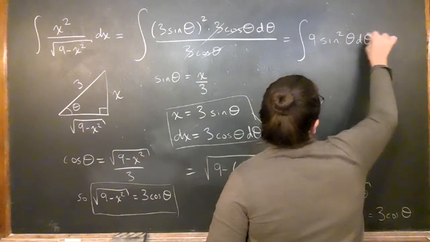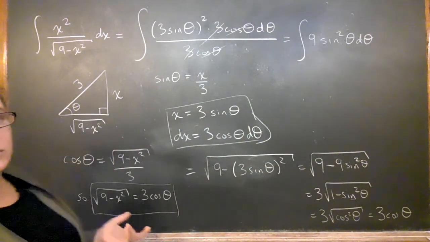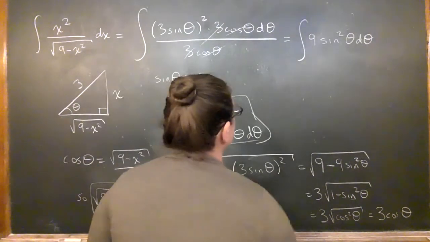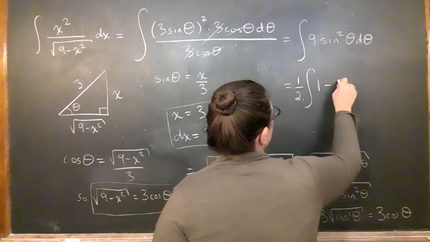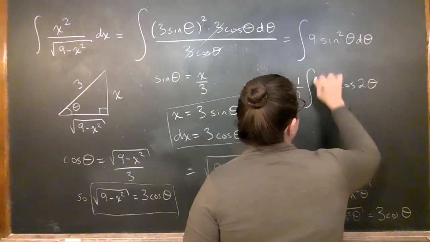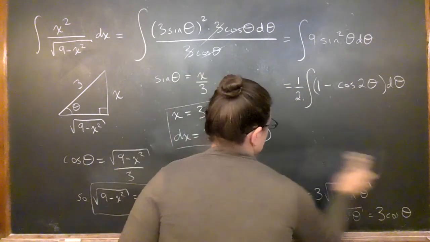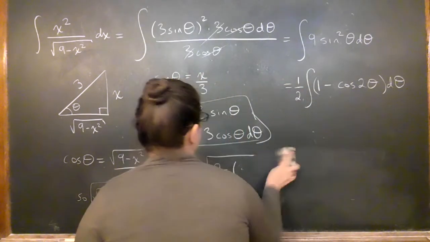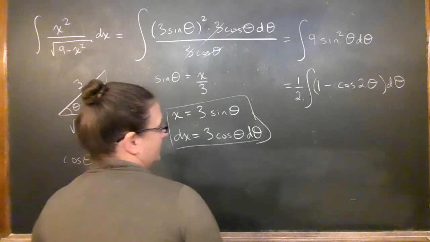Right? And just last week, of course, we learned how to do that. We do this with the half angle formula. It's a pretty straightforward one, right? I got 1/2, and I have 1 minus cosine 2 theta, d theta. So now I'm going to erase this guy a little bit, but I want to make sure I leave that because, in the end, I have to put it into x.